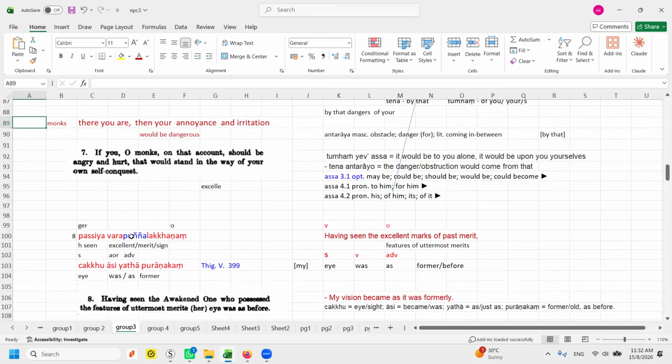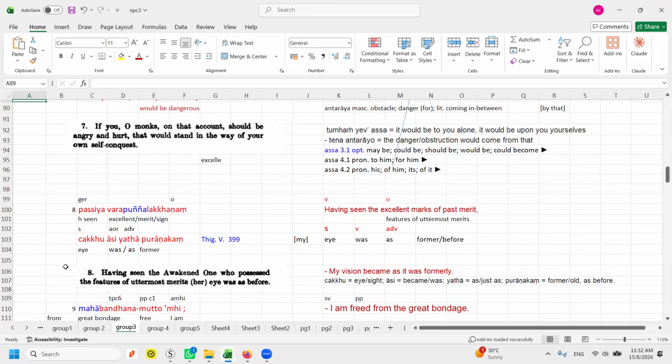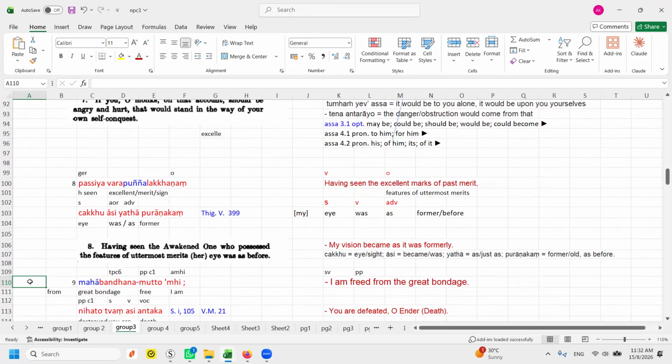So I get that. So we will do one more, number 18, and then we stop here. This next, I tell you. Okay. Pasia Wara punya Lakana. Caku Asi Yata Pura Nakam. Okay, this is Teri kata. This is Teri kata.